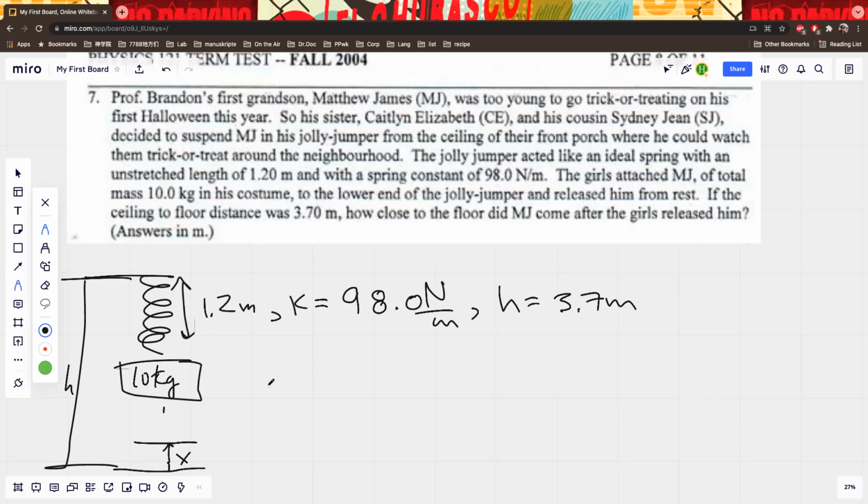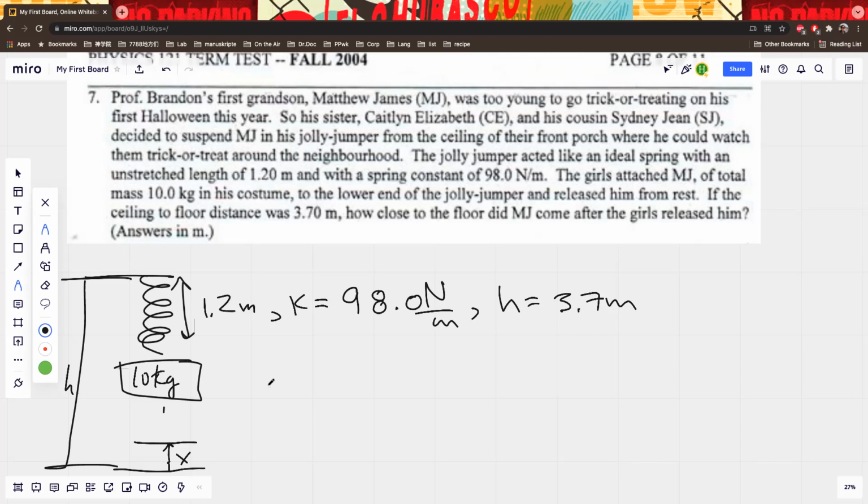So I guess for initial, or we could do the other way. So we have both forces for gravitational, kinetic, and spring.